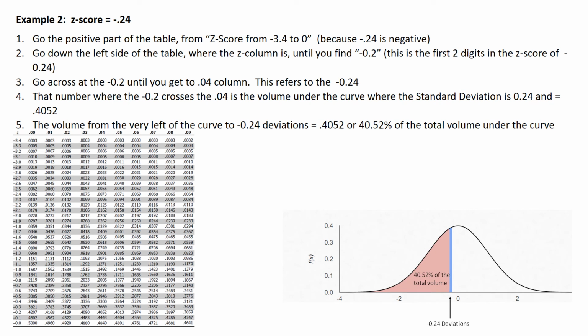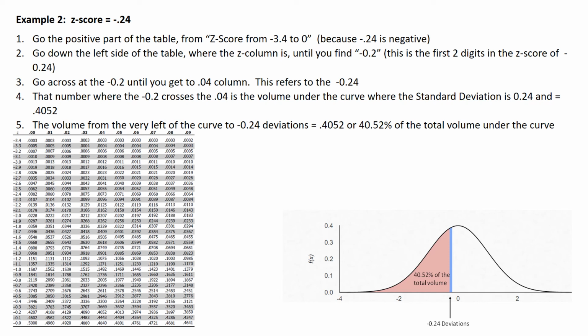Here's another example. I want to know a z-score of negative 0.24. Now in this case, this is less than 50%. It's negative. A z-score of 0 is 50%, remember. A z-score that's negative is less than 50% of the curve, because 50% of the curve is down in the middle. We're going to say the same thing we did before. I've got the table from negative 3.4 deviations to 0 deviations. And I want to know negative 0.24.